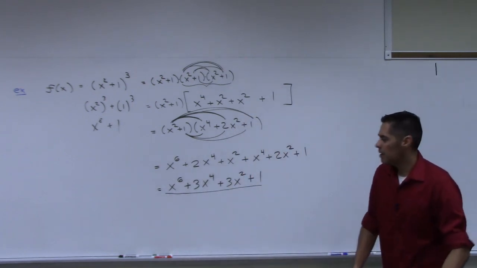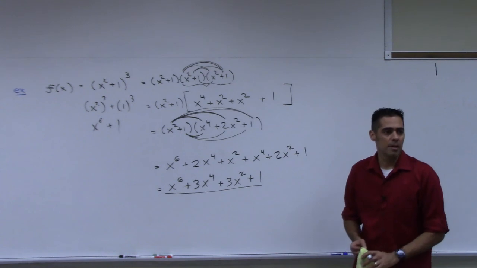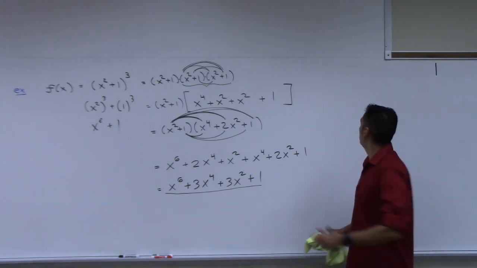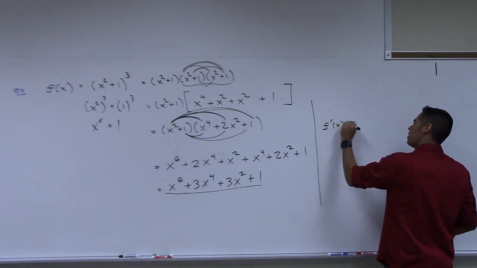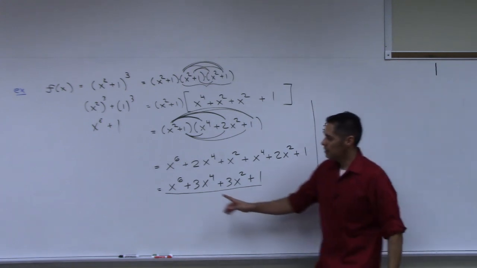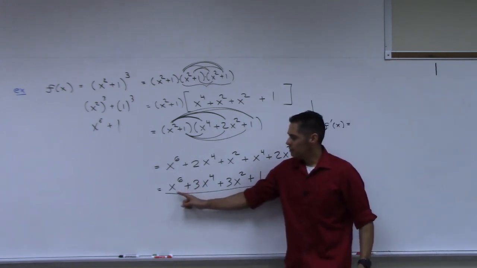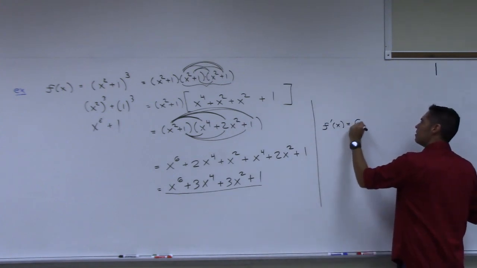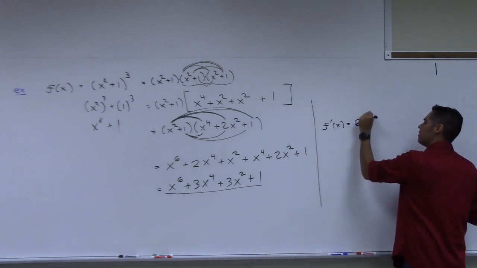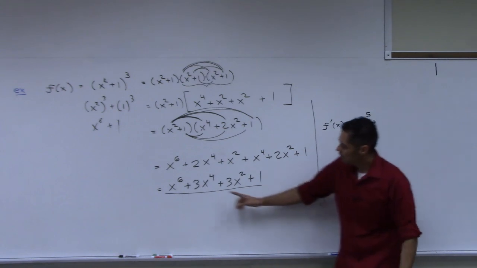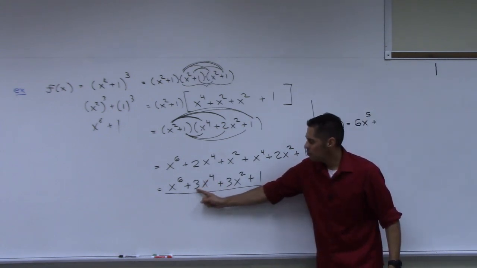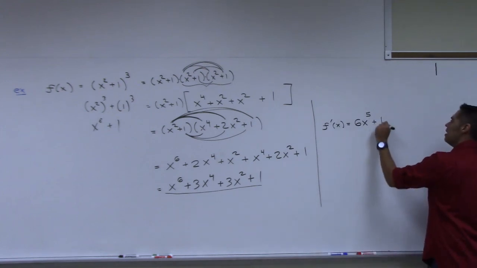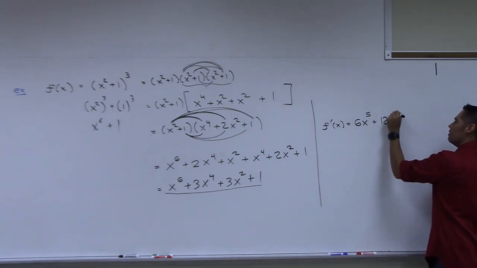And we can actually find the derivative of that now, can't we? So let me just write down right here what the derivative is. The derivative should be, you can do it with me, 6x to the 5th plus this one. 4 drops down, 4 times 3, 12. 12x to the 3rd.